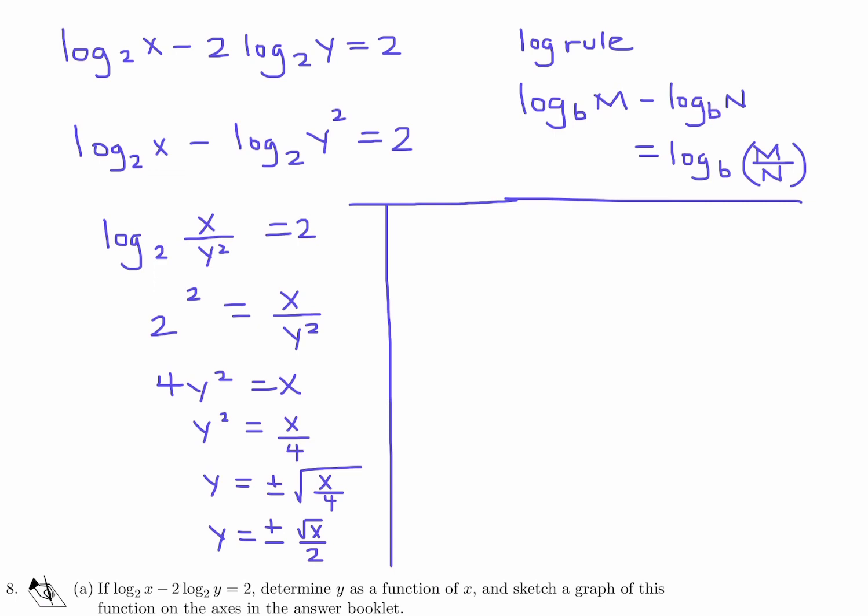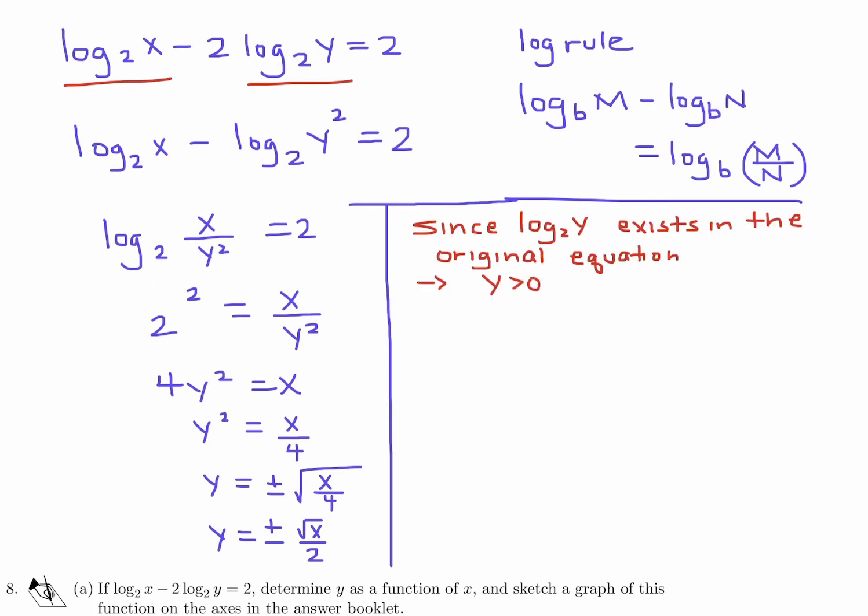Since we have this term in our original equation, that tells you something. It tells you that y is greater than 0. Correct? Since the log of y to the base 2 exists in the original equation, y must be greater than 0. Why? Because you can't take the logarithm of a negative number. All right? So that's the first one.